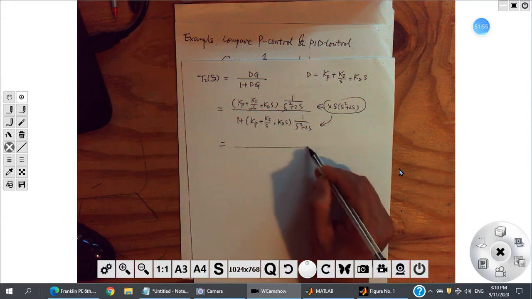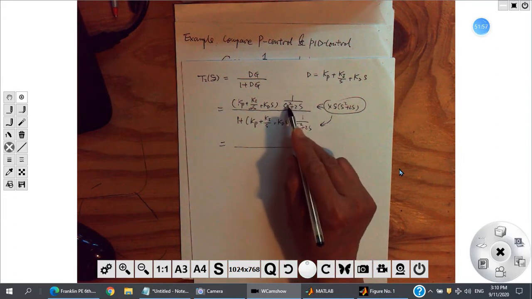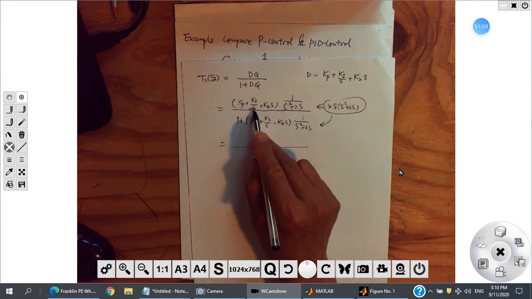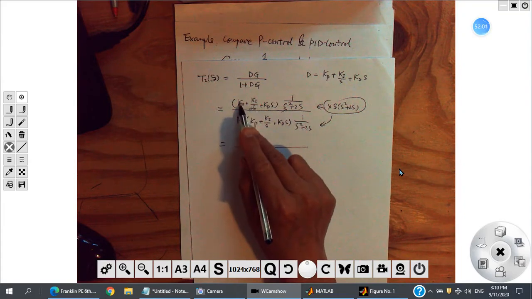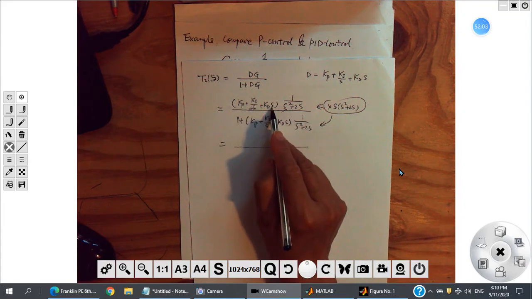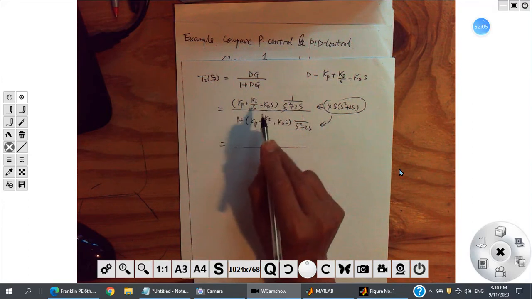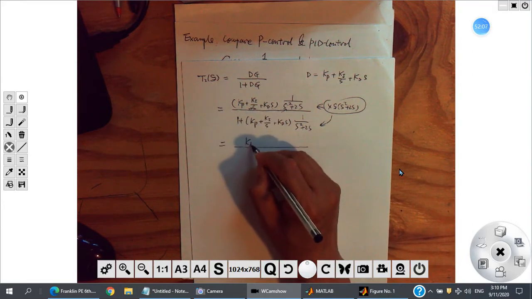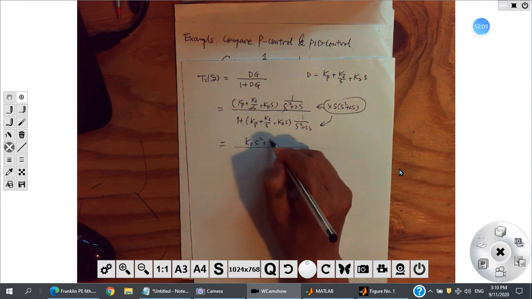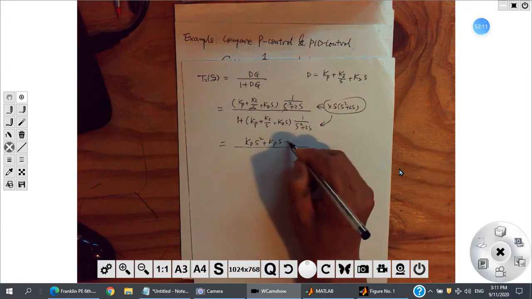Then in the numerator this cancels, and this s also cancels, but here I have s and one more s, so I put s squared in the front. So this is kd s squared plus kp s plus ki.